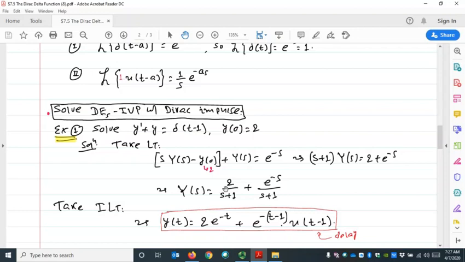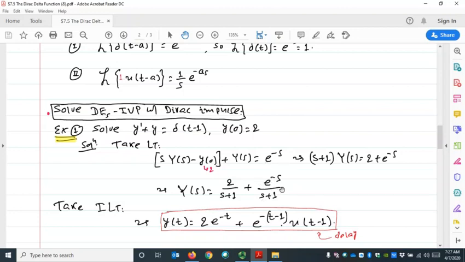So the inverse Laplace transform of 2 over s plus 1 is simply 2 times e to the power negative t, as it is. To find the inverse Laplace transform of e to the power negative s over s plus 1, first don't worry about e to the power negative s.